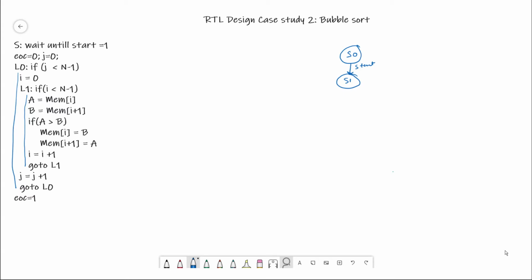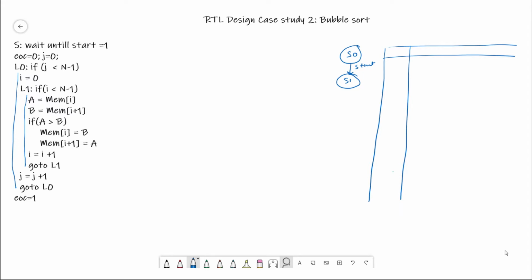I'll create a table so that we have a certain meaning for these states also. This is my S0 state, and this is what it means: S0 is a reset state, and then S1 means I'll assign EOC equal to 1 here, and also assign j equal to 0.